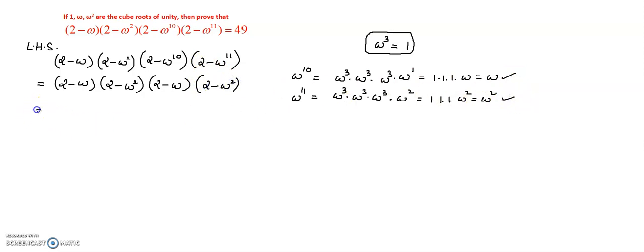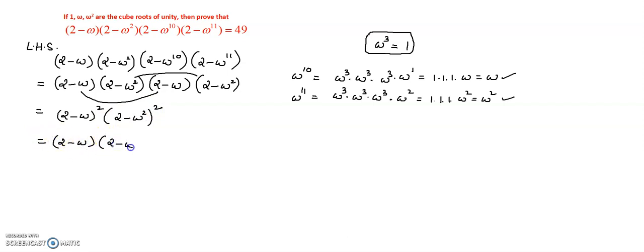Now we can see 2 minus omega is repeated 2 times and 2 minus omega square is repeated 2 times. So we can write (2 minus omega) whole square into (2 minus omega square) whole square. We can also write the square commonly outside. So let us write (2 minus omega)(2 minus omega square), commonly writing the square of both these terms outside.